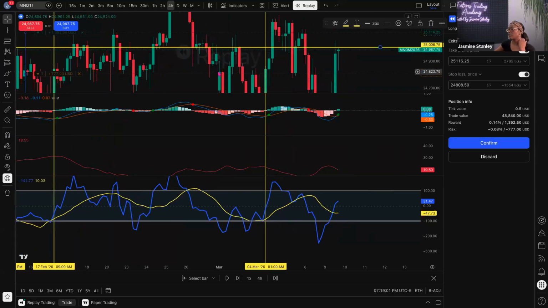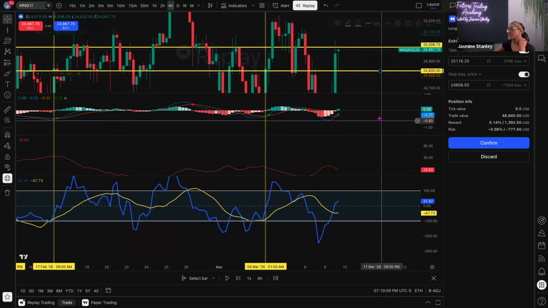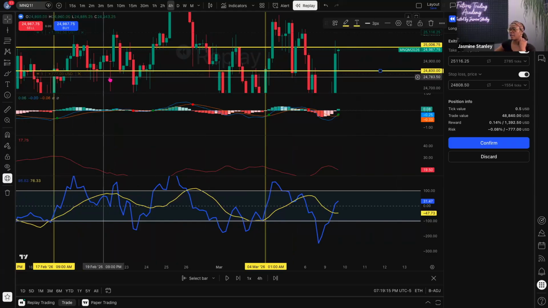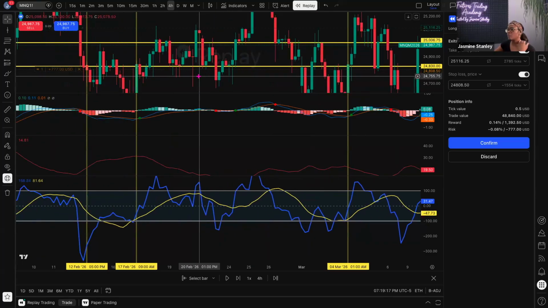The bodies of these flat candles are showing you that this is a level that should be respected. Look how they're matching on these levels. They don't have to be extremely precise, which is why we create zones. This one line is not gonna fully cover everything, so that's the reason why I have y'all drawing zones.